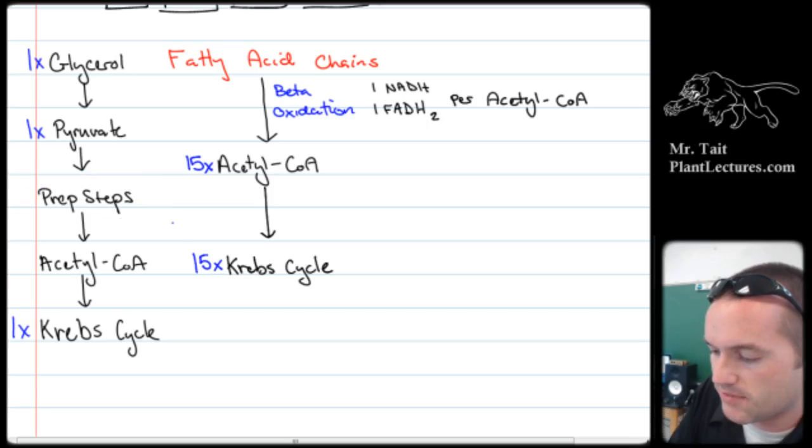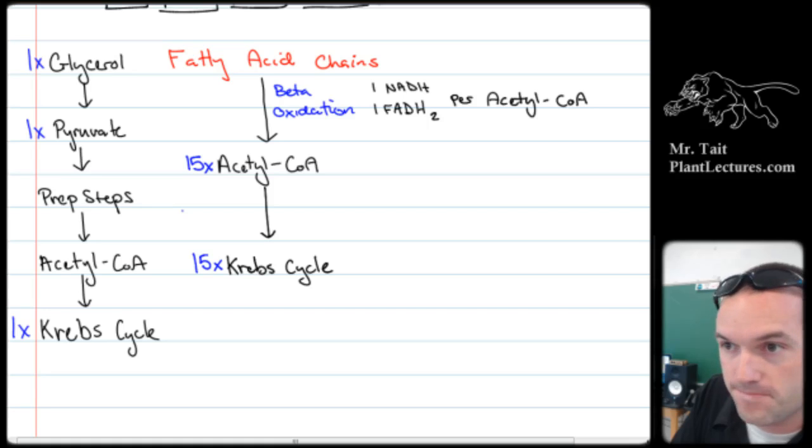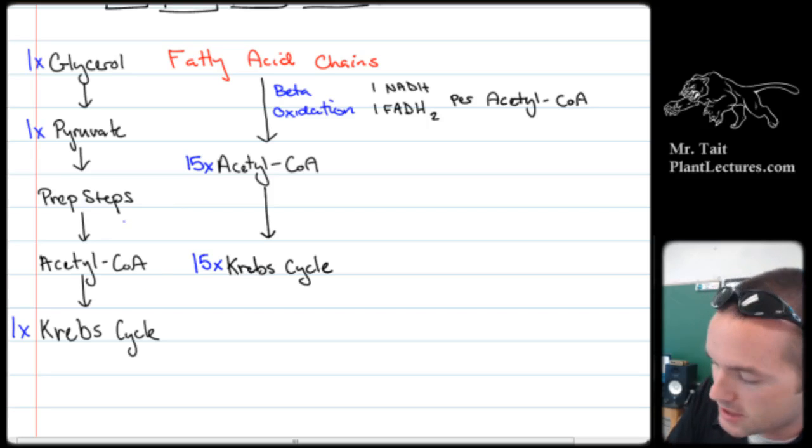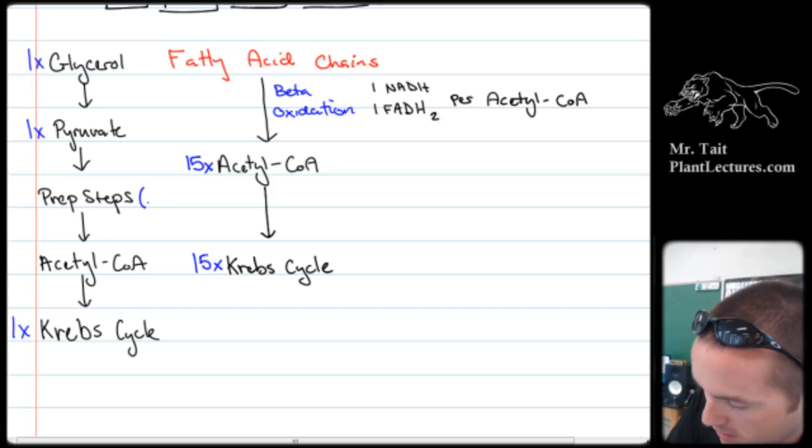What do the prep steps produce? Acetyl-CoA, and what else? NADH. Yeah, so we're going to make 1 NADH from this.